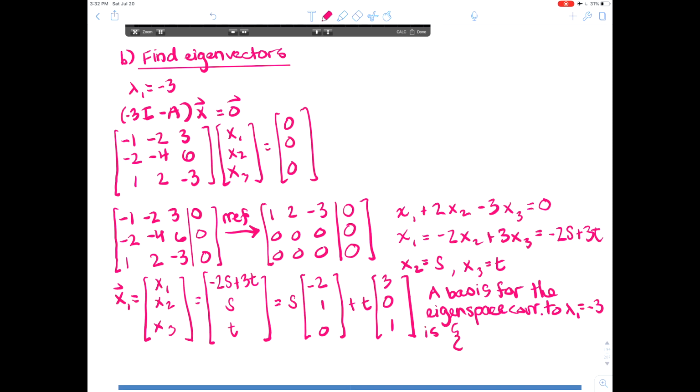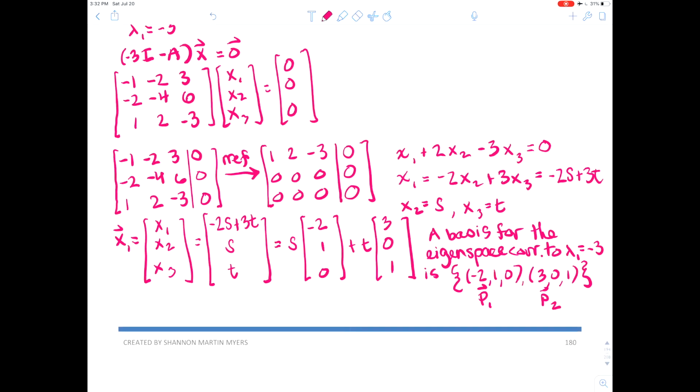So we'd have -2, 1, 0 and 3, 0, 1. And so we found vector P1 and vector P2. Cool so far? All right.